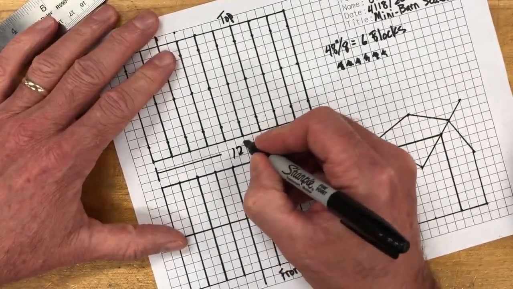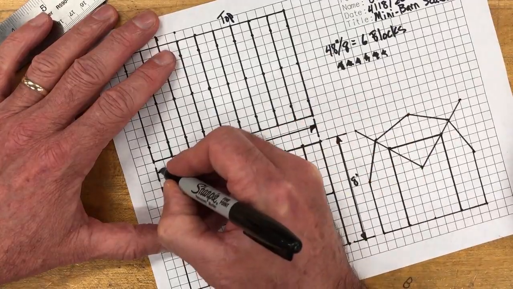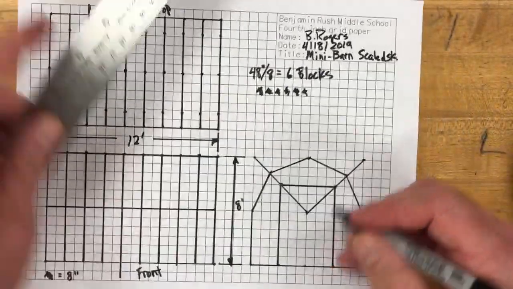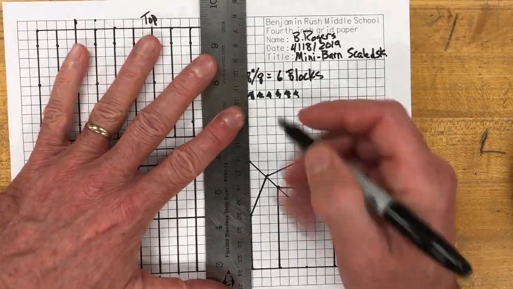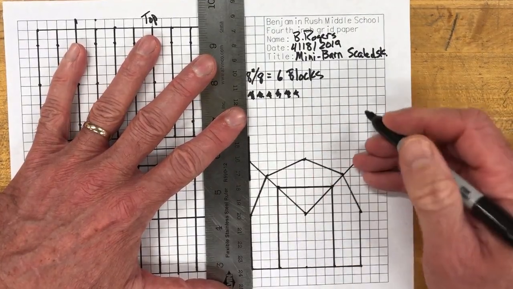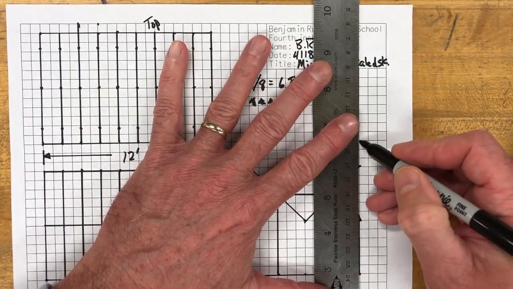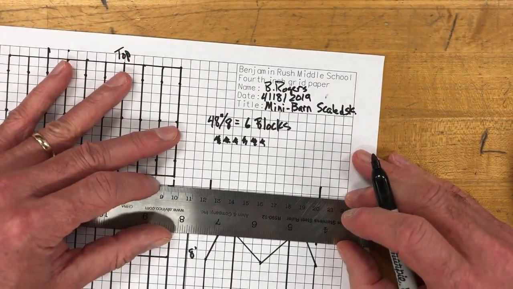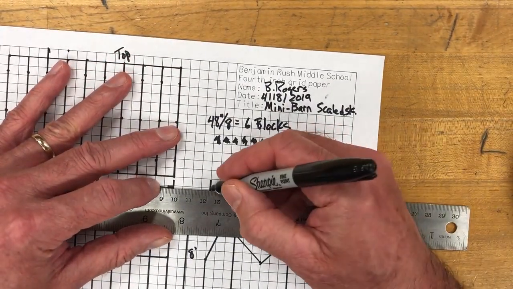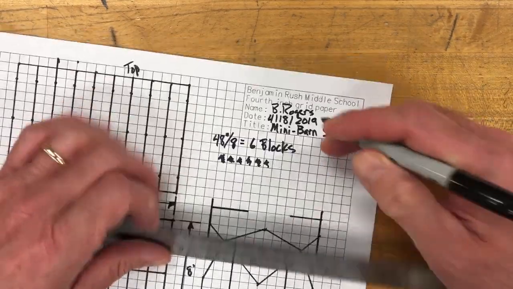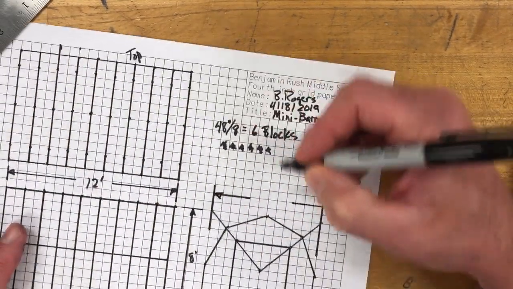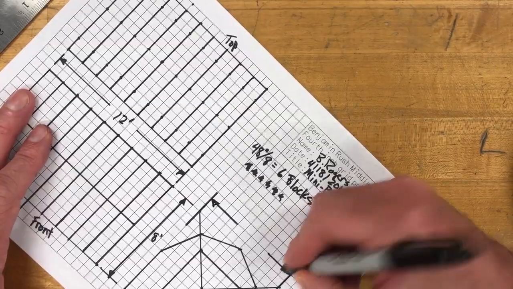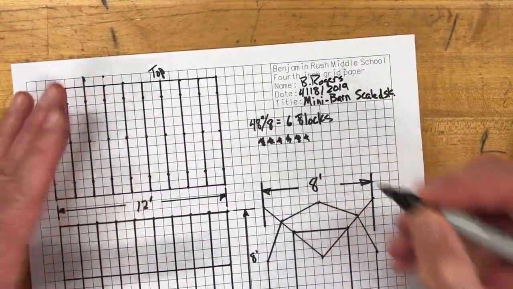It's 12 feet in length. And then I need a depth dimension here. I'm going to put a couple extension lines here, and then place the depth above it. It's going to be 8 feet.